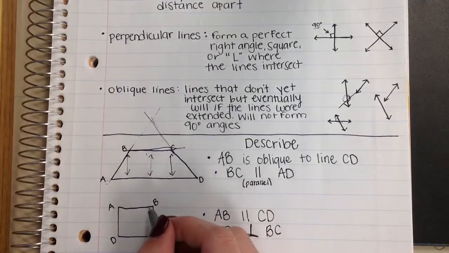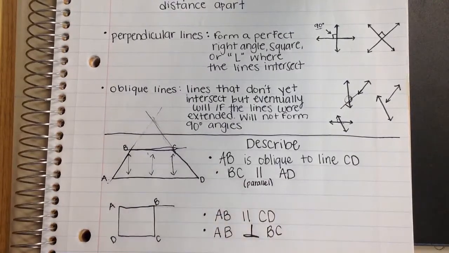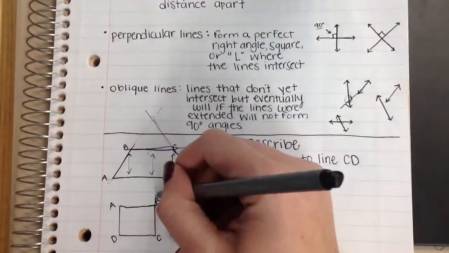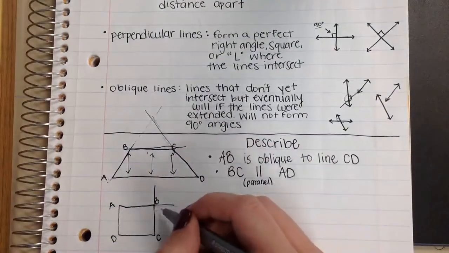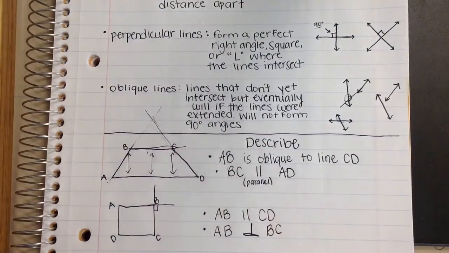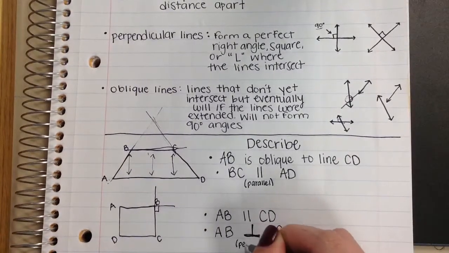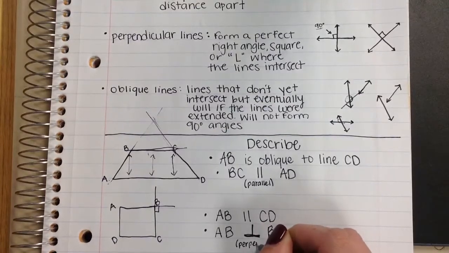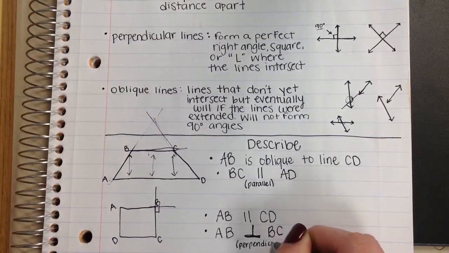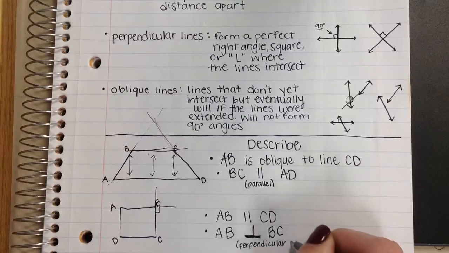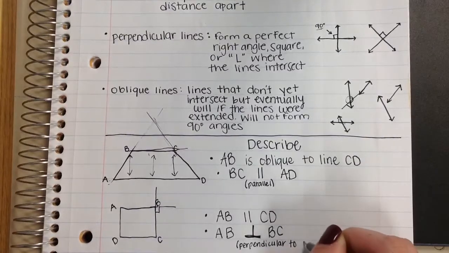Because look here, if you were to extend this line, and you were to extend this line, you end up with a perfect right angle in the corner, which is what we would call perpendicular. So you can describe that as AB is perpendicular to BC.